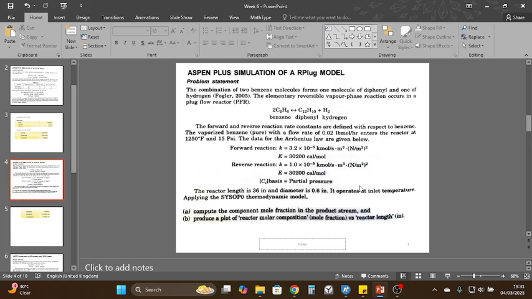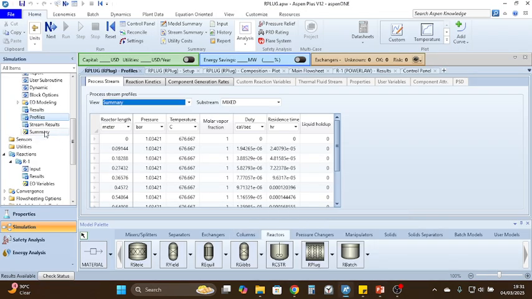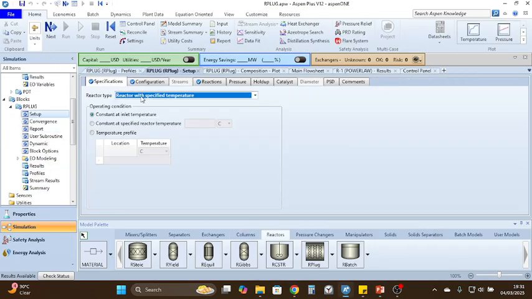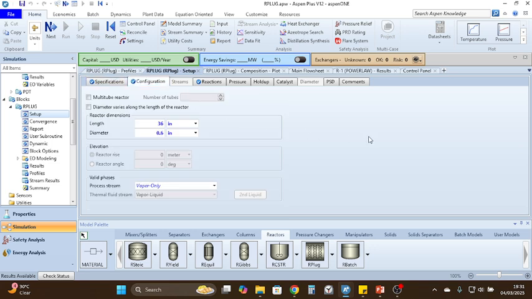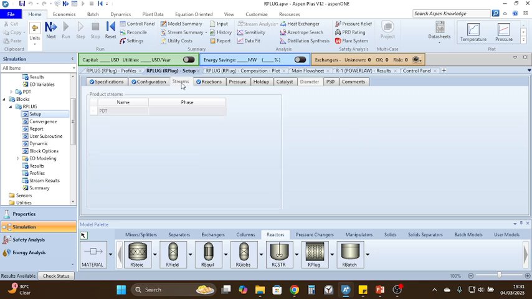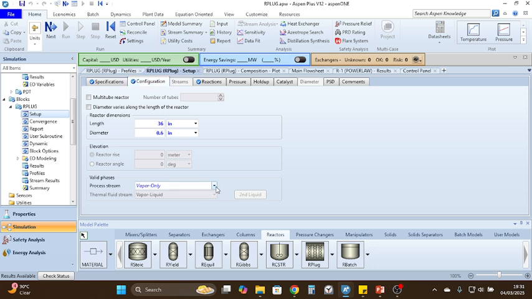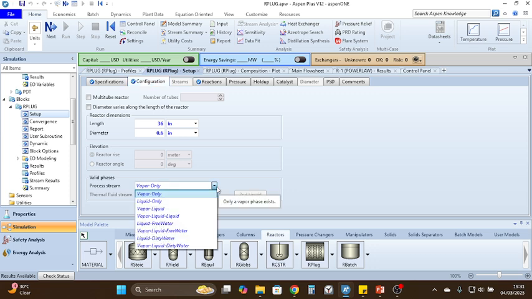Sir, excuse me, one doubt. In the reactor first page, the setup page, we have given the specification. Next is configuration. In the configuration, I have given vapor. Then it is going to streams. In the streams, it is showing diphenyl and hydrogen. When I am entering vapor, the system is not taking it.